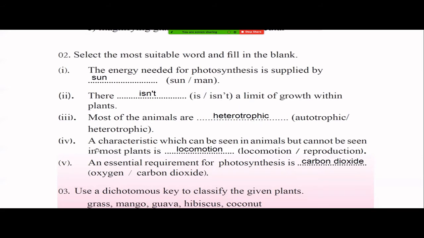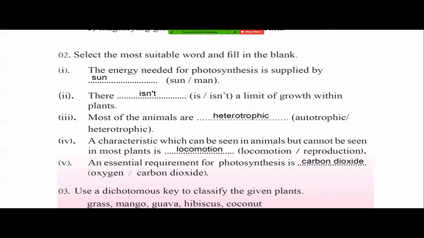Next one: a characteristic which can be seen in animals but cannot be seen in most plants, right? Movement can be seen in both animals and plants. But locomotion means taking the whole body from one place and moving to another place. So locomotion cannot be seen in trees.